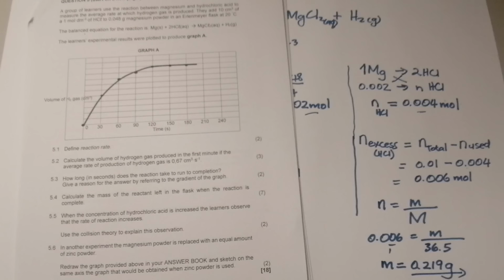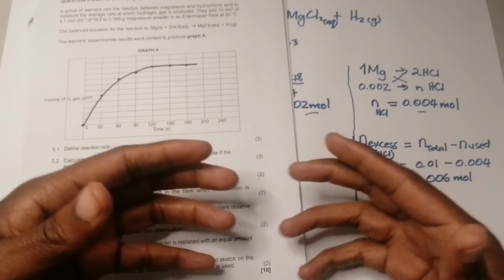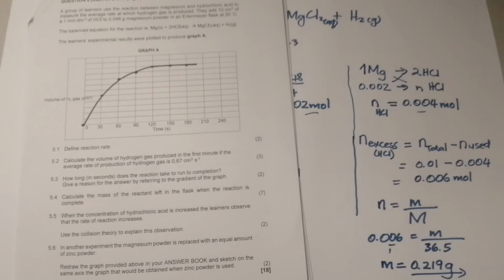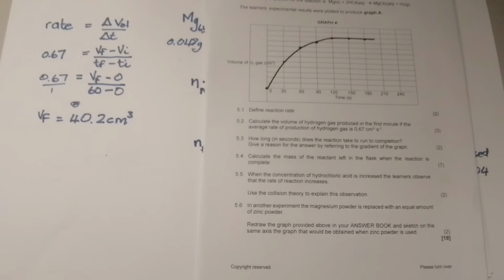So in this case, there'll be more moles per unit volume, right? So when I increase the number of moles, there are more moles per unit volume. There's more frequent collisions, right? In this case, what it does is that it increases the rate of reaction because there are more frequent collisions per second, right? Okay, so obviously you'll put it nicely.